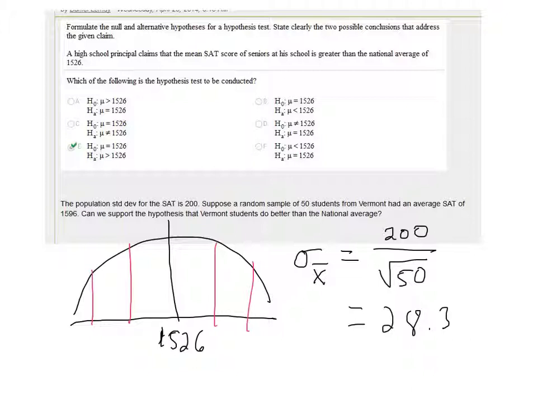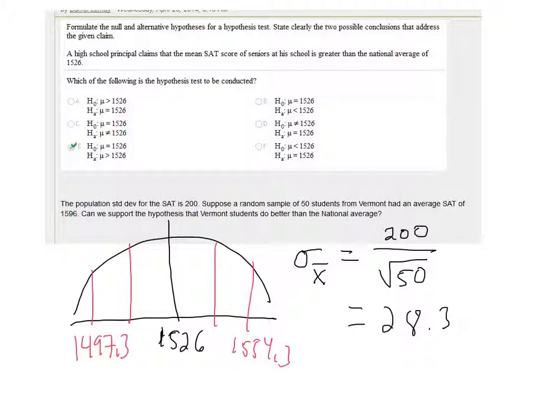That's not what I'm going for. So let's see, 1526 minus 28.3 is 1497.3. I don't know if I need the decimal point. And if I add that up as high as 1554.3.